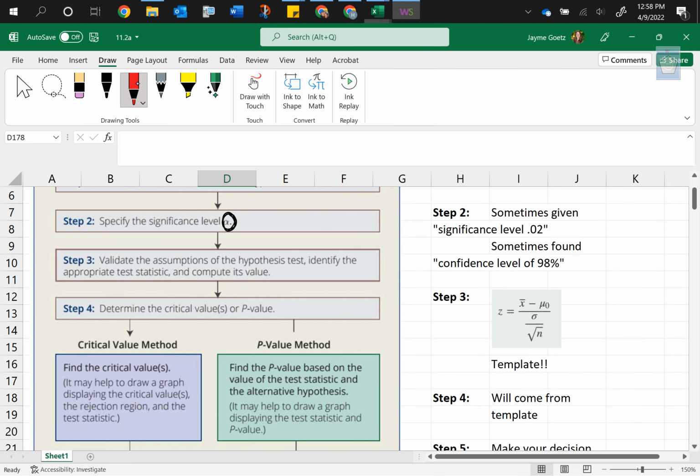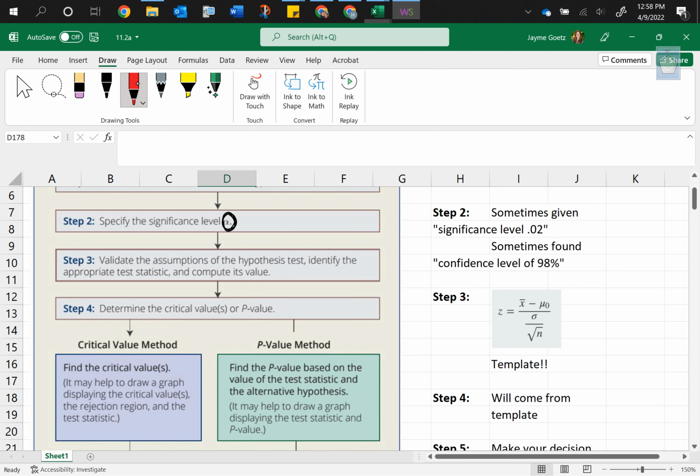Validating the assumptions means figuring out whether the information they're giving us, and the information in our hypotheses, is okay. Identifying the test statistic means determining whether sigma is known or unknown. Just like in Unit 2, if sigma is known, we use our z value, and if sigma is unknown, we use our t value.